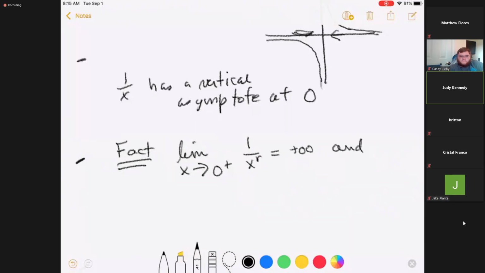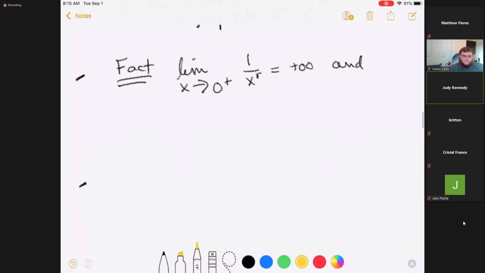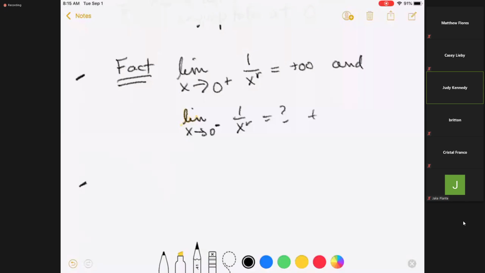And the limit as x approaches 0 from the left, 1 over x to the r. Well, it's either plus infinity or minus infinity, depending.